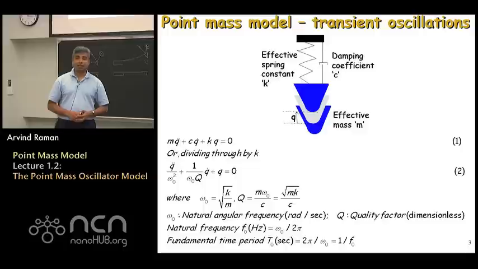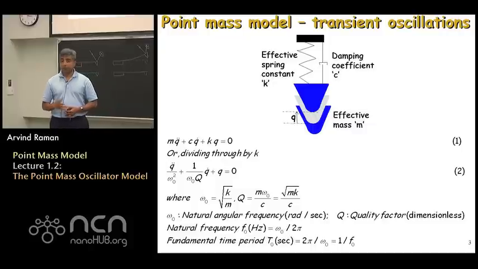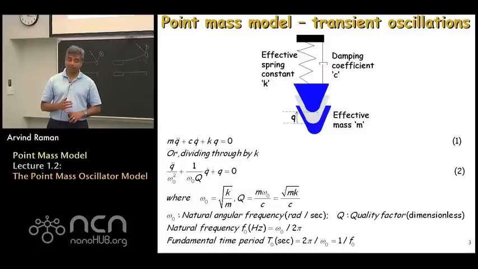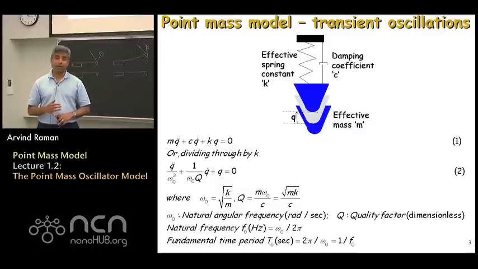The equation of motion that governs the transient motion of this probe is equation 1. This was derived last time by applying Newton's laws to the point mass particle. When we divide through this equation by k, the effective stiffness of the probe, the effective spring constant of the probe, we can define the natural frequency omega naught, which is square root k over m.